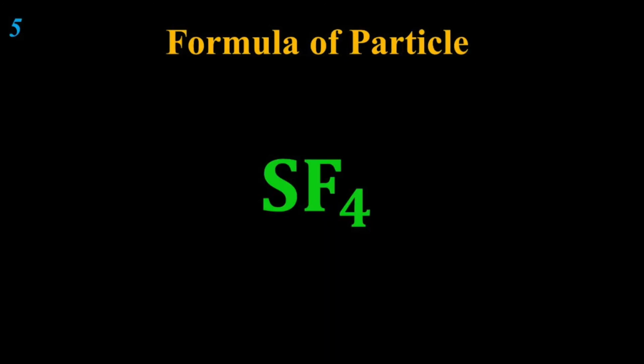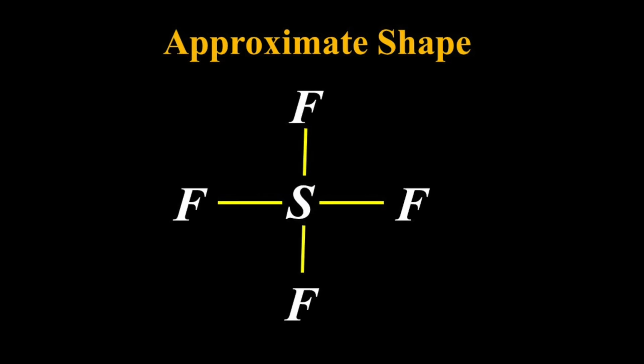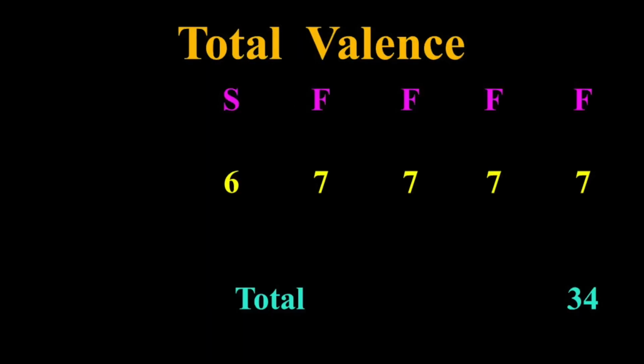Now we're going to do sulfur tetrafluoride, and we have sulfur and 4 fluorine atoms, and we're going to calculate the total valence to be 34.